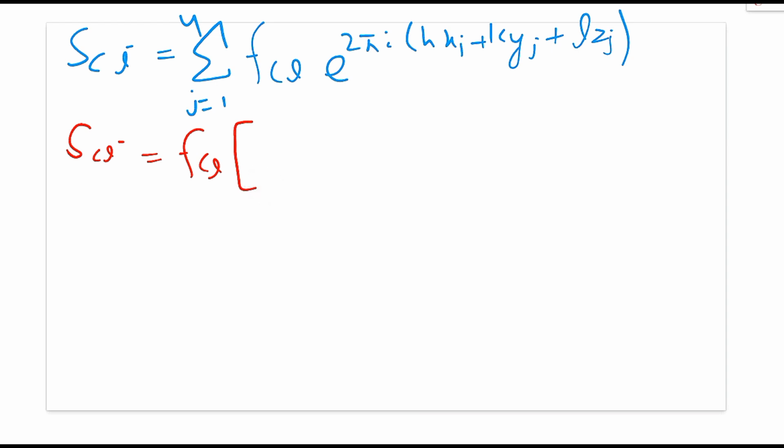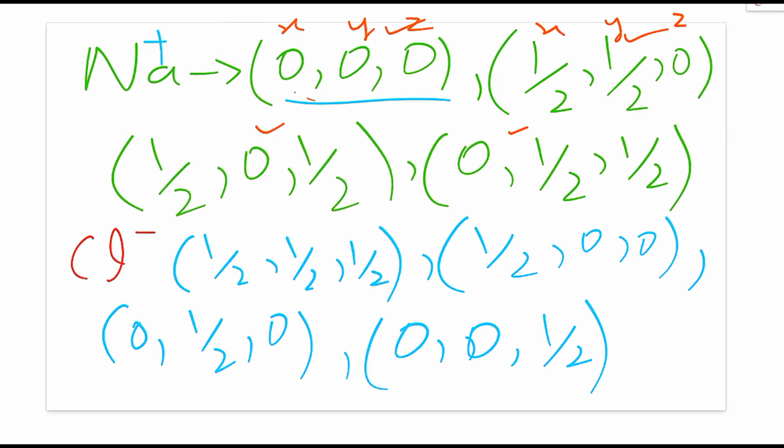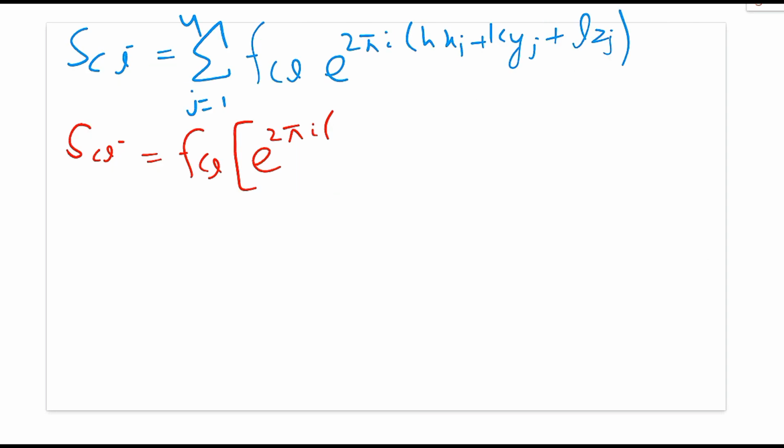And okay, so 2 pi iota, first insert the values, this is x, y, and this is z. So it's going to be h by 2. Okay, we can simplify: x is 1 by 2, so if it multiplies with h, it's going to be h by 2, then k by 2, and then l by 2.